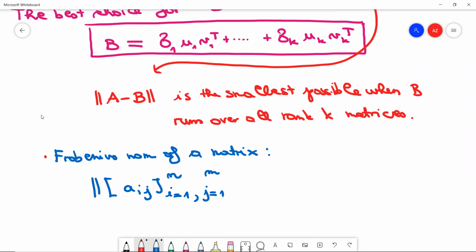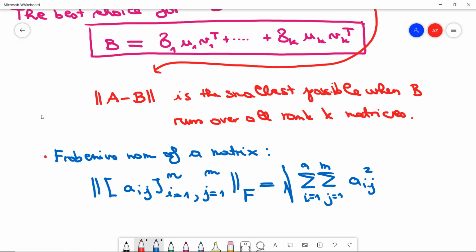So the Frobenius norm of this matrix is just the sum of squares of the entries and everything under a square root. So this is just the double sum of Aij squared, where i runs from 1 to n, j runs from 1 to m, and we take the square root. We just square every entry of the matrix, sum everything together, and take the square root.